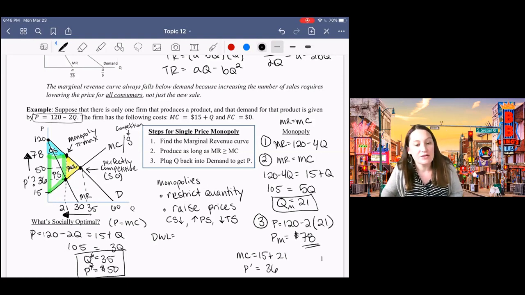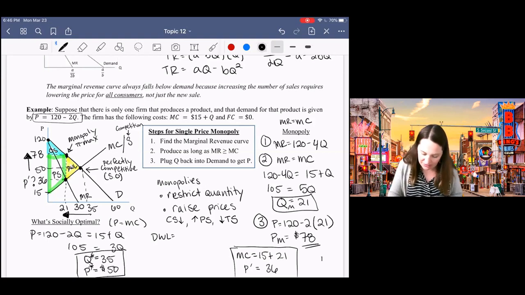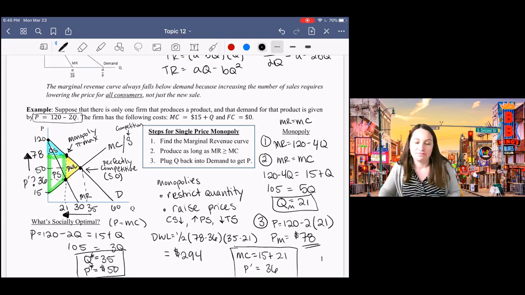All right, so now that we've found that extra point on our graph, we can calculate the deadweight loss. It'll be 1/2 times the height of the triangle, which is 78 minus 36, and then the width of the triangle is 35 minus 21. So deadweight loss is $294.